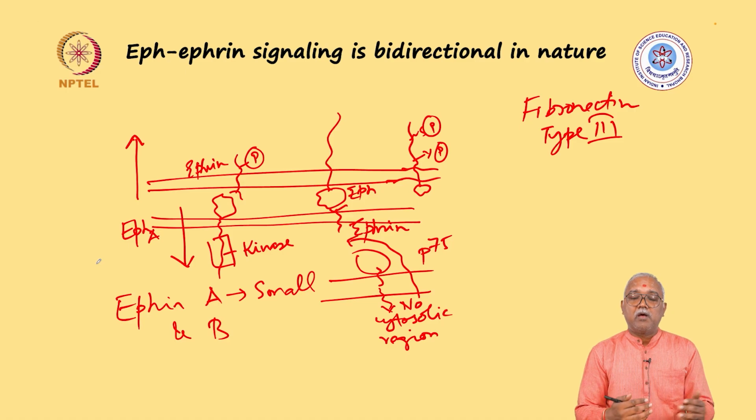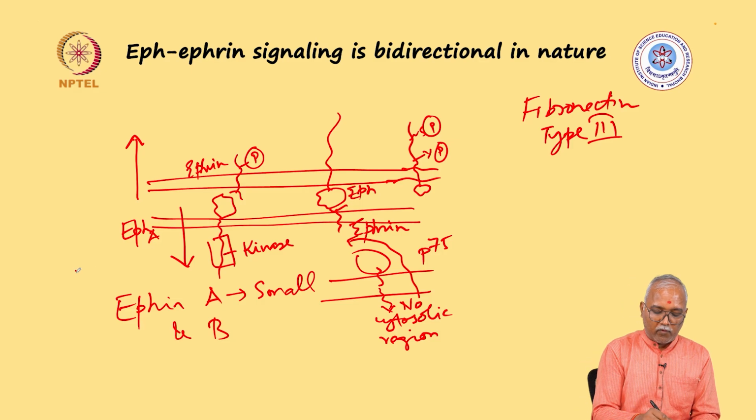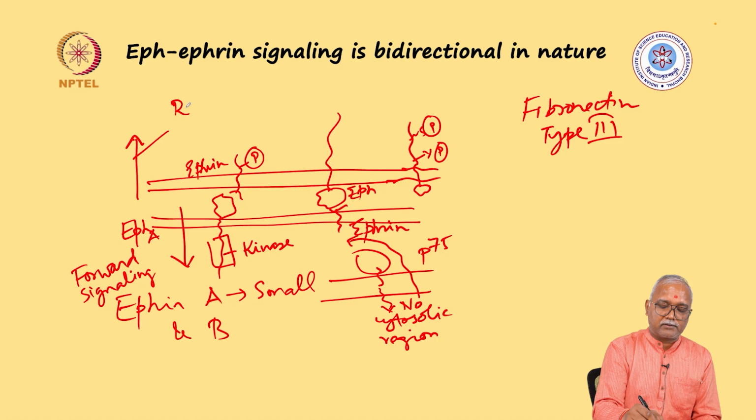So, here, and I told this a long time back, the receptor bearing cell is actually doing the signaling. That was the case when the ligand was soluble and not membrane bound and also not having any co-receptor kind of situation. So, if you take EPH Ephrin signaling into account, the EPH bearing cell, the one which is receptor type, will show you forward signaling. And the one which is going into the Ephrin, that is your reverse signaling.